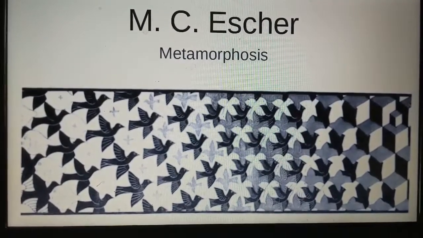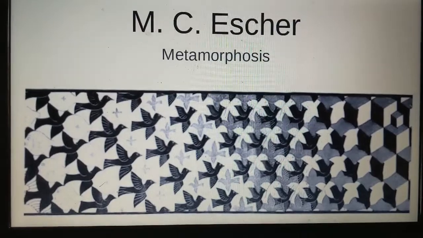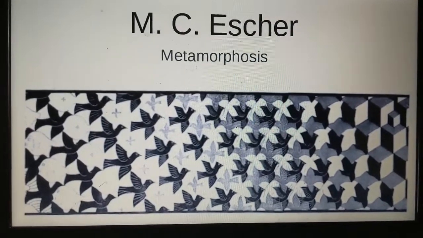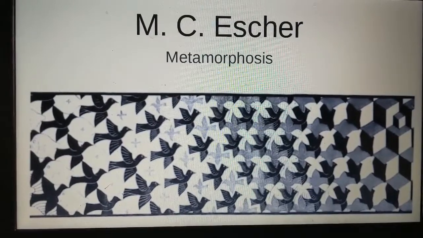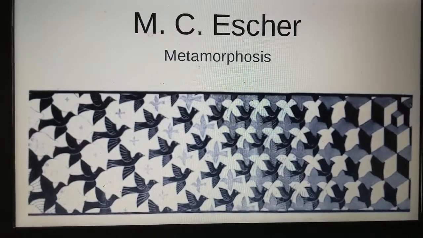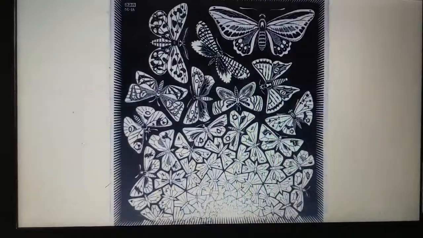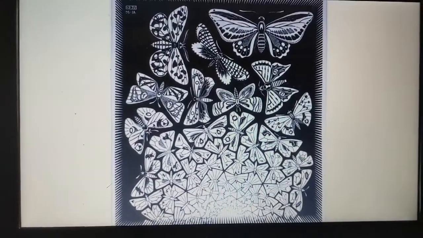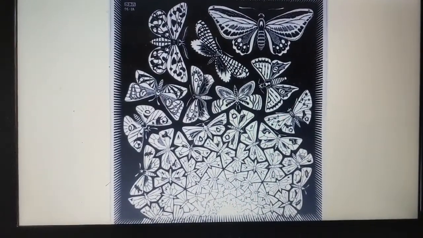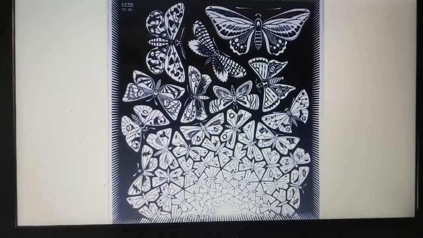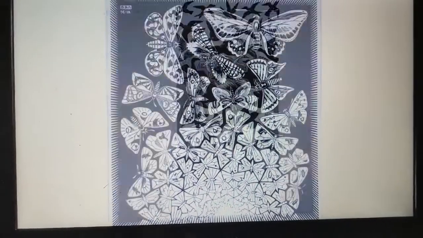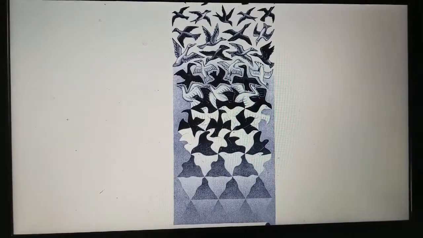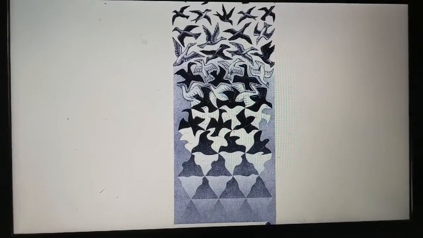MC Escher was a Dutch graphic artist, and he was really inspired by math and science. He drew a lot from nature and things he saw in nature, and he incorporated some math elements into it.